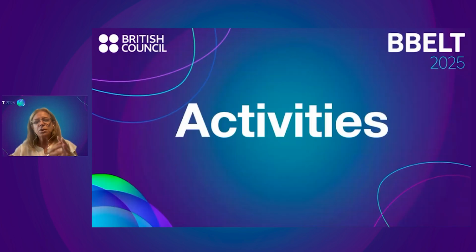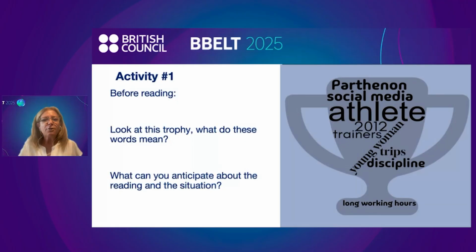Now, I want you to be teachers, to wear your teacher's hat and also your student's hat. And I will be asking you to flip one and the other. For this first activity, I want you to take a look at this word cloud that has the shape of a trophy. And there are keywords here.